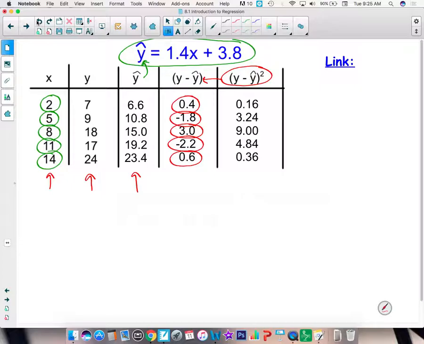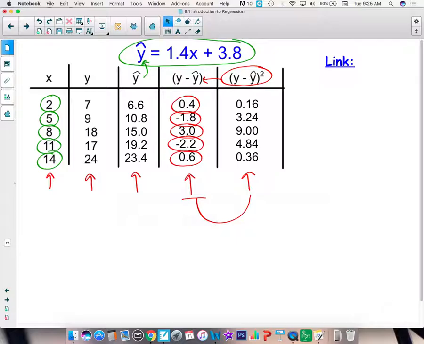All right, and then we have this column here where we just subtract these two. You subtract those two columns from each other, and then that gives you this column. And then our last column here, we just squared everything we had here. Okay, squared all those values there.